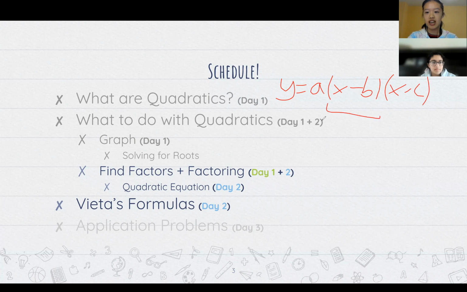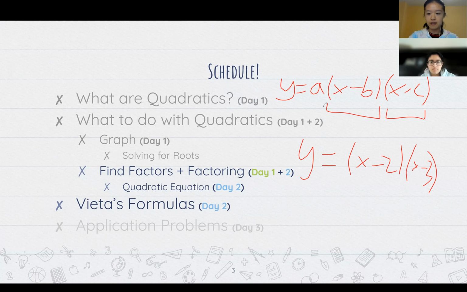So we want everything to be multiplied, with nothing added or subtracted except inside the parentheses. For example, y equals x minus 2 times x minus 3 would be in factored form, and x minus 2 and x minus 3 would be the factors.